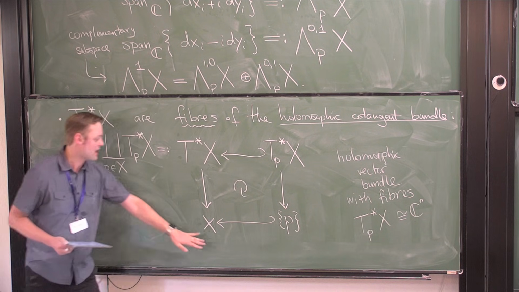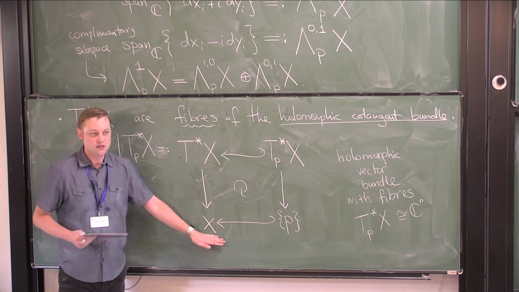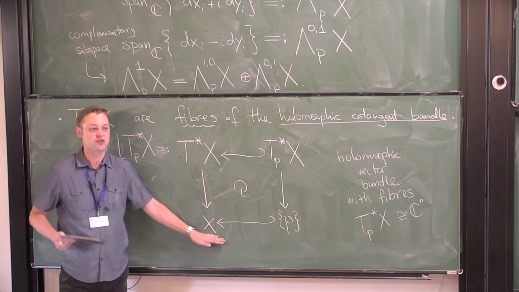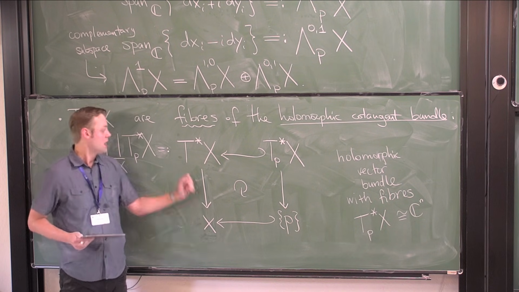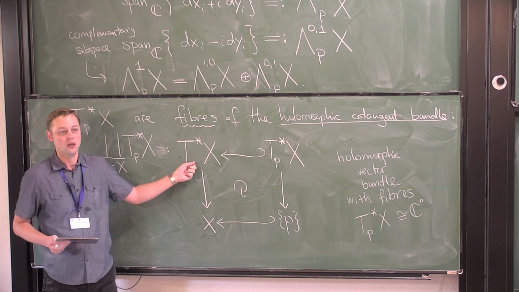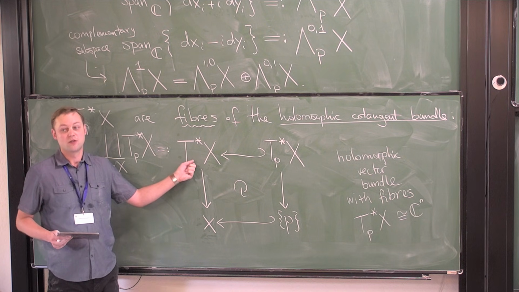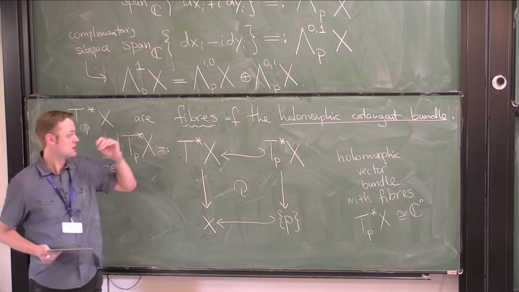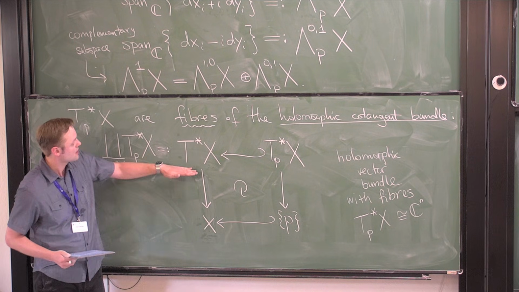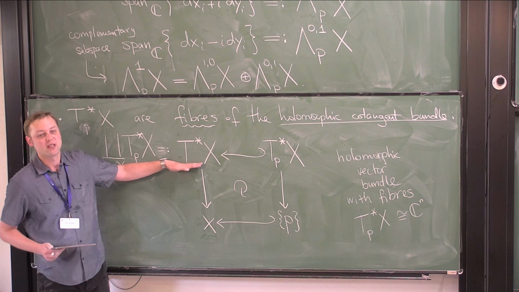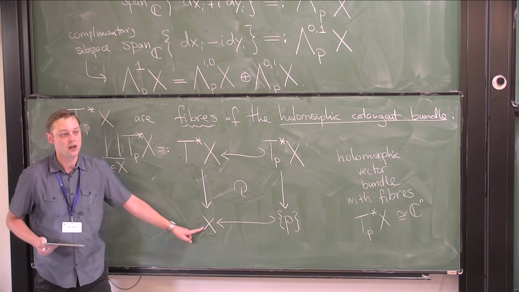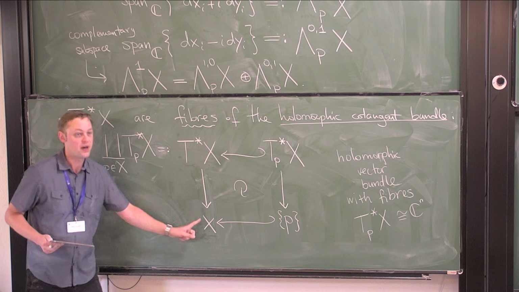You have a complex manifold of dimension n, some abstract, not necessarily C^n, complex manifold of dimension n. It has a cotangent bundle, which is a complex manifold of dimension 2n. So everything always doubles. And so what we have here is a 2n-dimensional complex manifold mapping to an n-dimensional complex manifold by a holomorphic map.